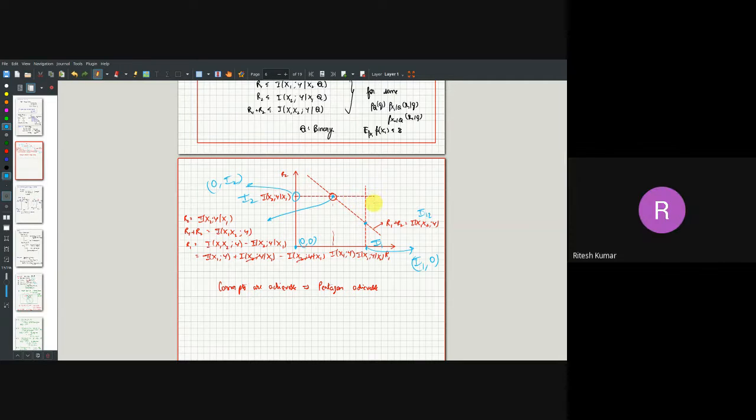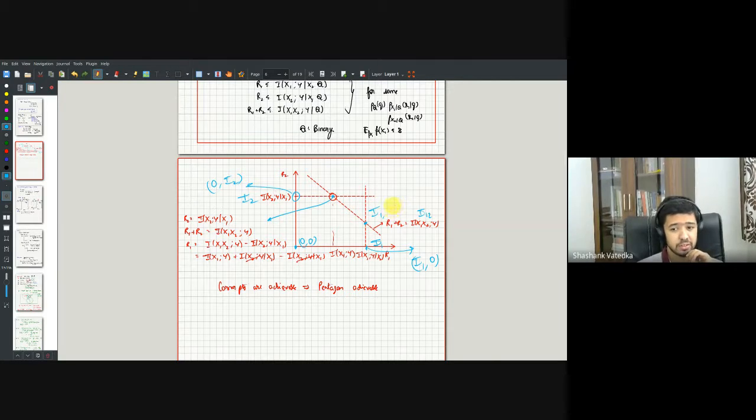I1 and I12, this point will be I1 and it's not I12, something else.